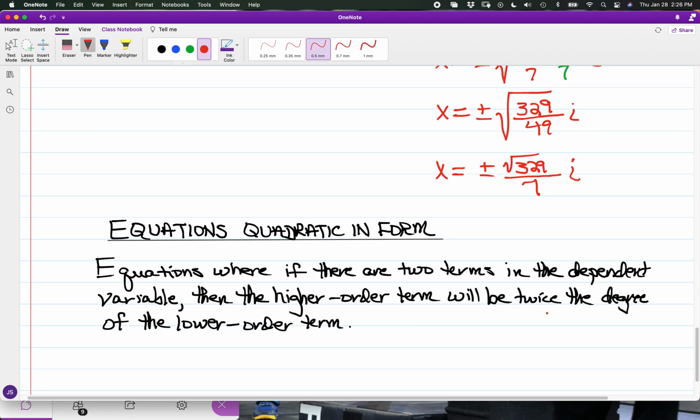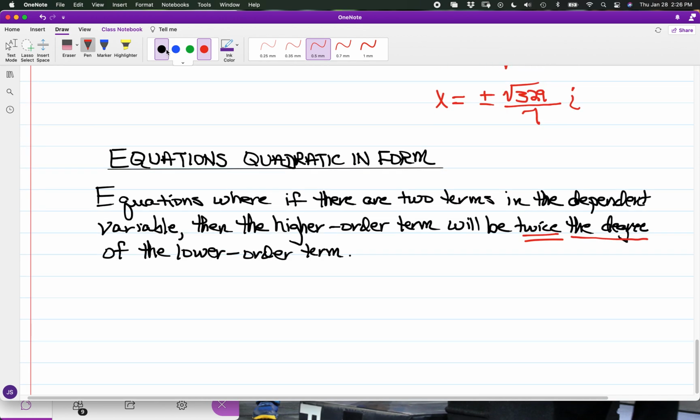Now place emphasis on this in case you have twice the degree. And just as samples of equations that are quadratic in form.